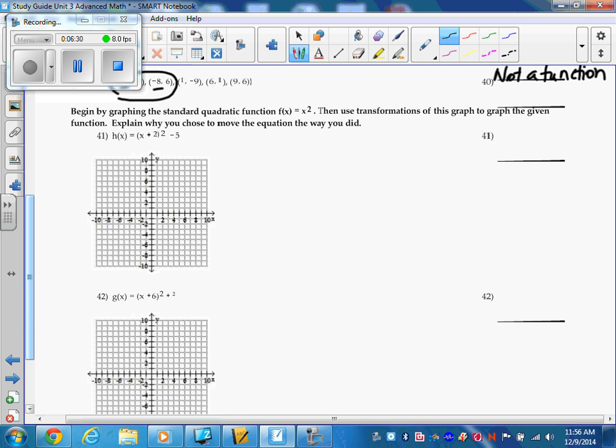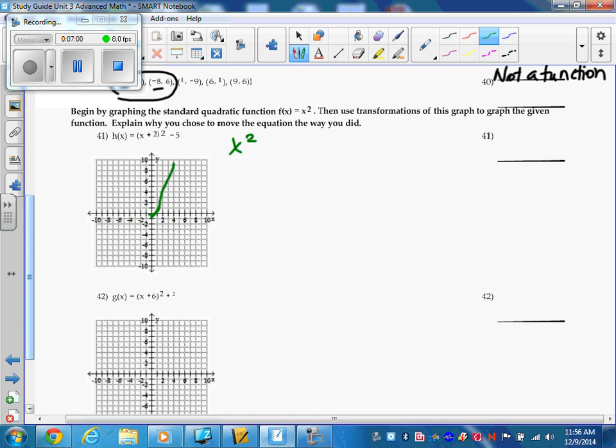Okay, so we're going to graph this function and explain why. The original function is the parent graph, x squared. It starts at 0, 0, and comes up to 1, 1, and at 2 it goes to 4, and at 3 it goes to 9, and so forth.